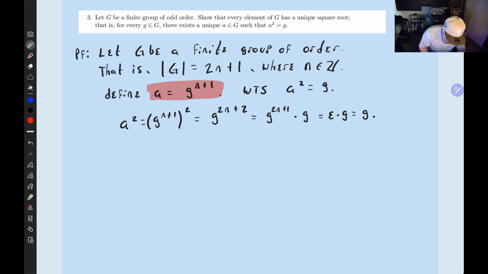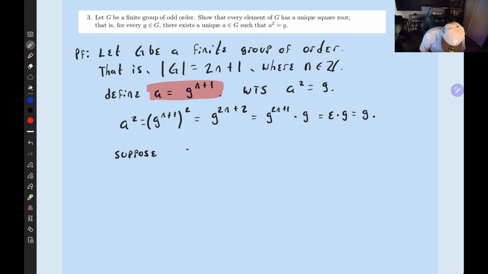Now what I want to do next is show that this element I defined is unique. It's the only one. So we're going to show the uniqueness part now. The approach to showing that anything is unique is to suppose that there's more than one, and argue that those two different elements, whatever they happen to be in the context of your problem, were actually the same thing to start with, and that shows uniqueness. For the uniqueness part, we suppose that there are two square roots that do the same thing.